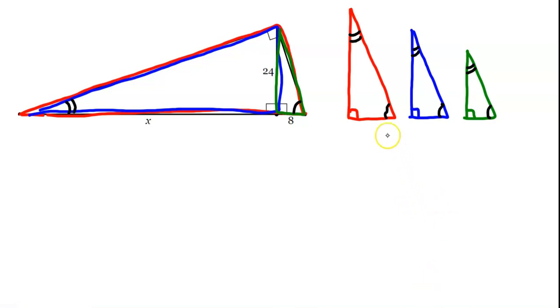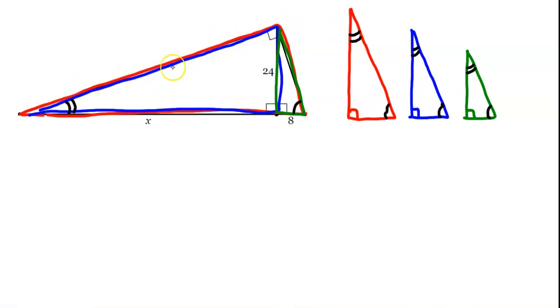Now what's important to note is that these three triangles are similar right triangles, meaning they all have the same three angle measures. All right, let's look at the large red right triangle. See if we can label any of these sides. Well, the side between the right angle and the double swoop of the large red triangle would be right here.